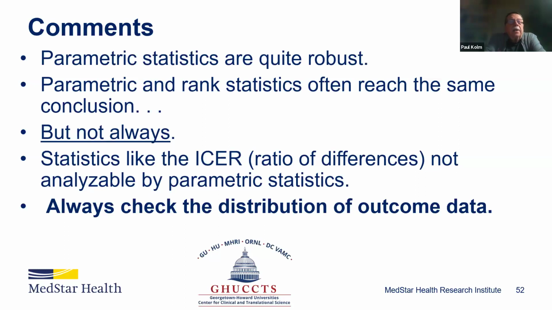Where the non-parametric comes in, where you actually need to do that, is when you have a statistic like the ICER, the incremental cost effectiveness ratio, which is a ratio of differences. There's not really a parametric test we can use for this because we have two different variables and we have the ratio of the difference in the two.